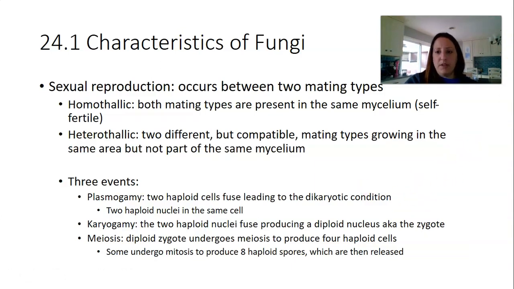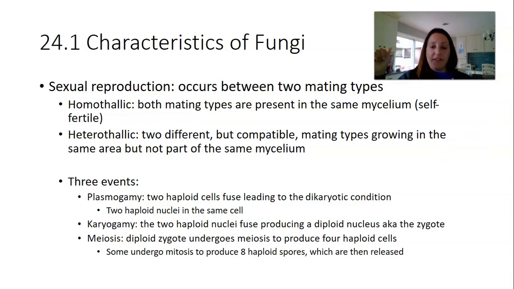So again, perfect fungi reproduce both sexually as well as asexually. Imperfect fungi reproduce just asexually. For asexual reproduction, we could have budding, fragmentation, or asexual spore formation by mitosis.